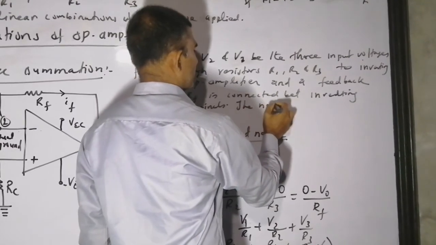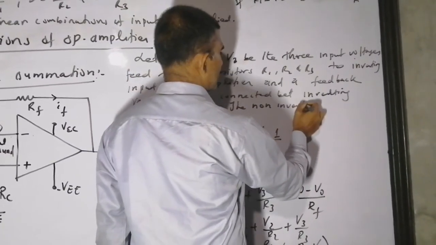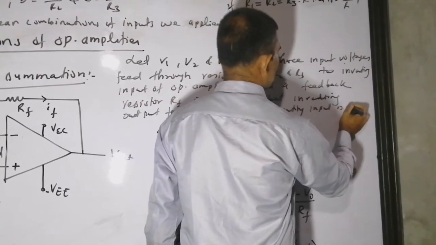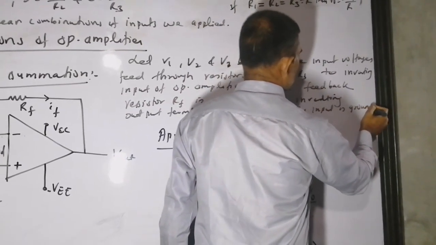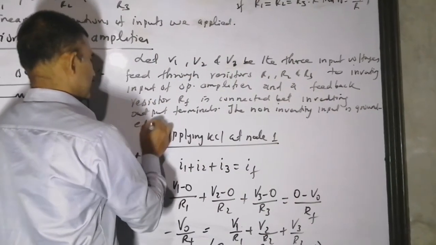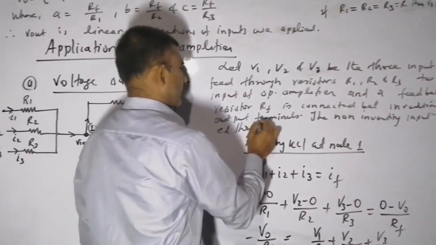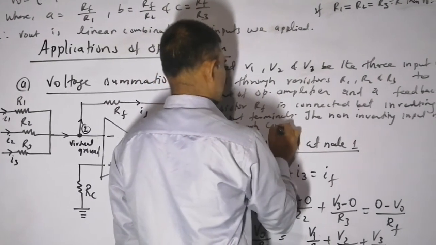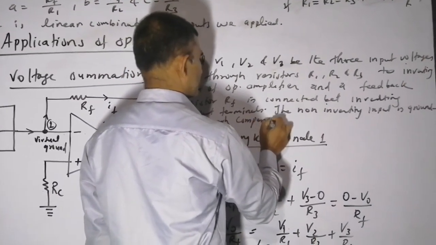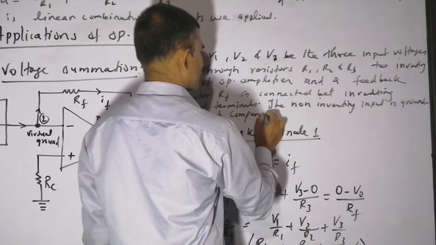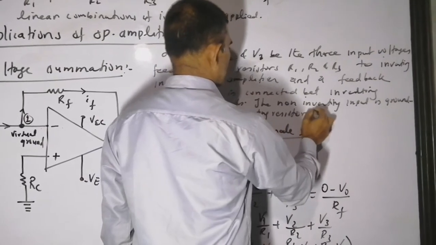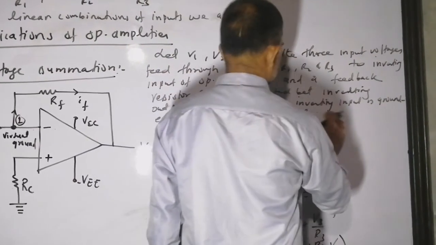The non-inverting input is grounded through a compensating resistor RC as shown in the figure.